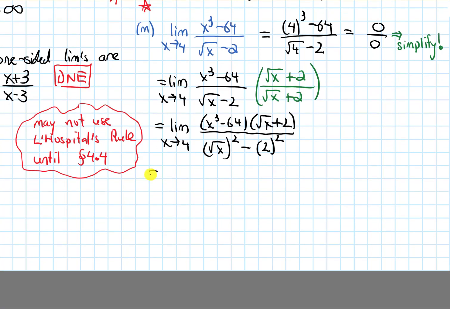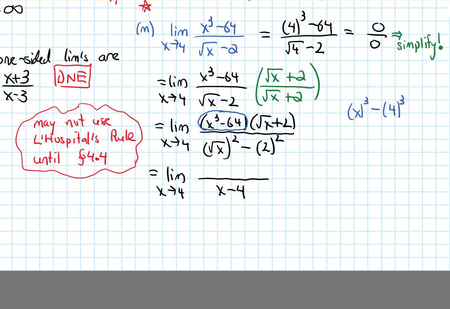All right, so we get the limit as x approaches 4. And now in the denominator, I'm going to get x minus 4. So I don't quite see x minus 4 in the numerator, but I don't panic because I recognize something. X cubed minus 64, that is a difference of cubes. And that factors, so that is x cubed minus 4 cubed.